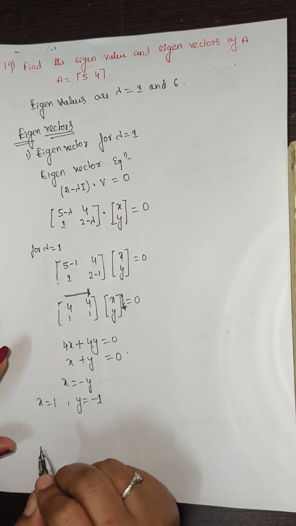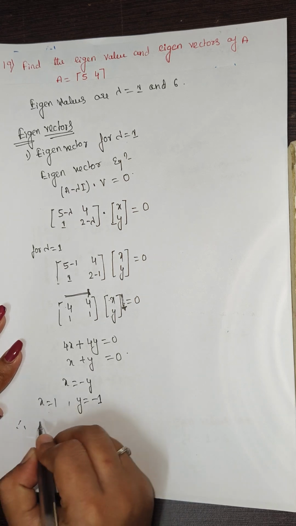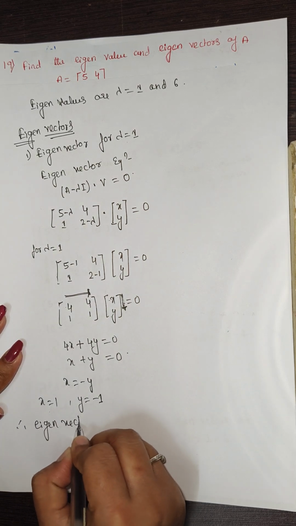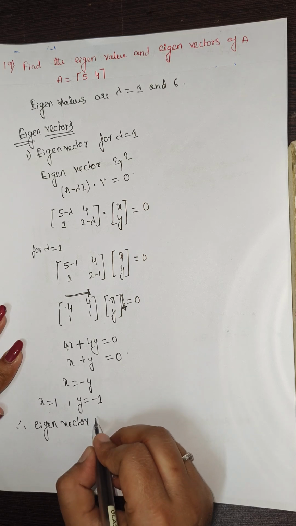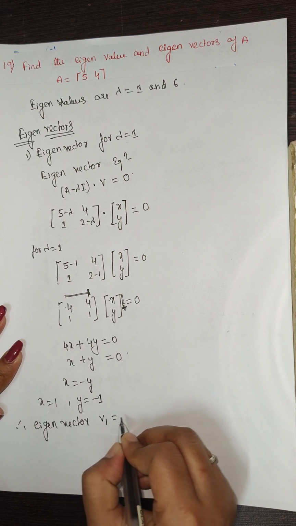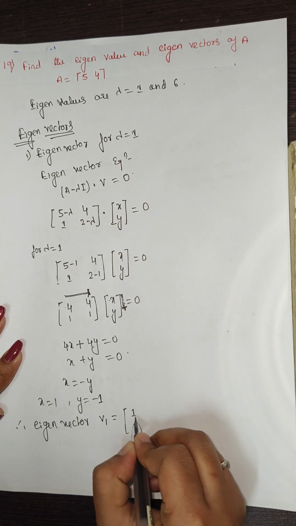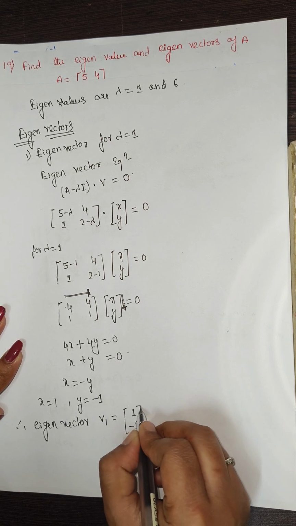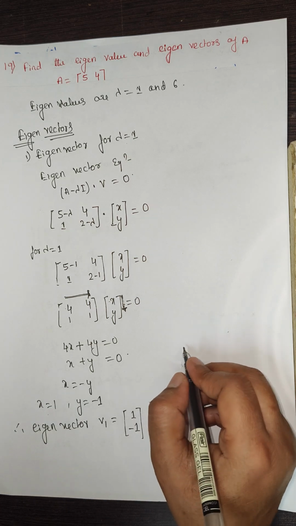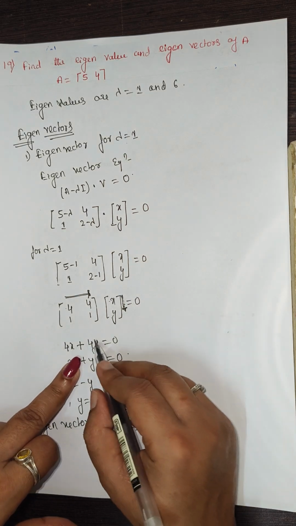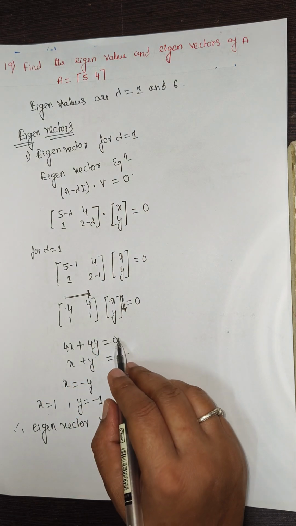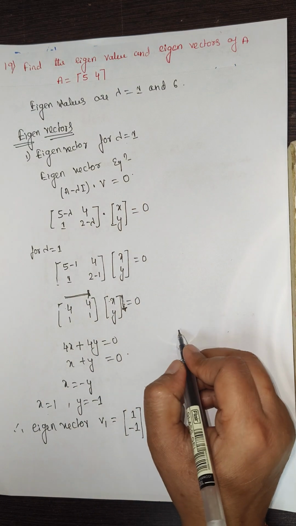Therefore eigenvector v1 equals 1, minus 1. Otherwise you have another method. Since both equations come the same, you take the 4 common and send it to the right-hand side, so it becomes x plus y only.